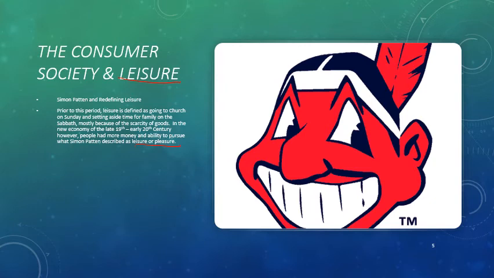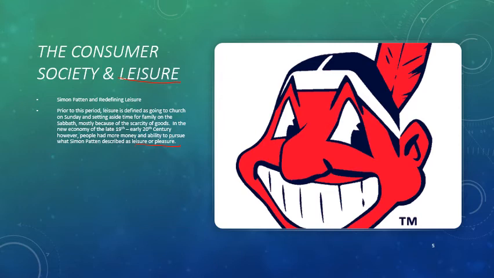Simon Patten, who is kind of like a psychologist in some sense, felt that people really undervalued leisure in our society and overvalued work. People that overwork and don't get enough time for relaxation and leisure can suffer stress, anxiety and health problems.